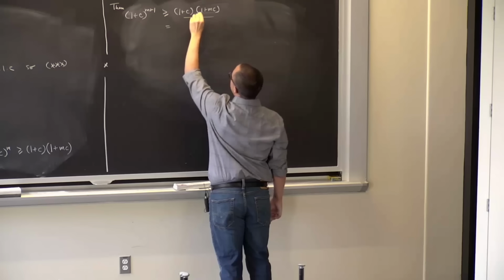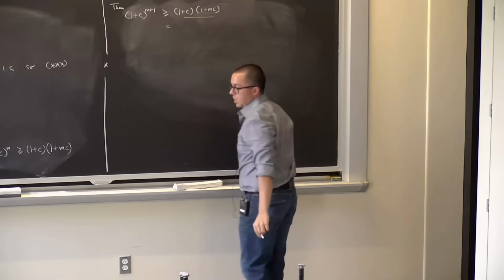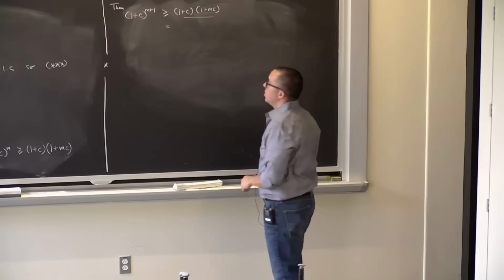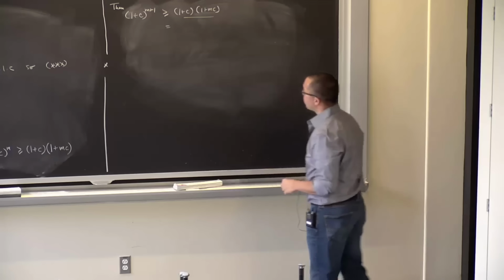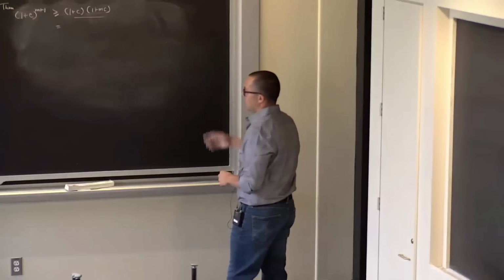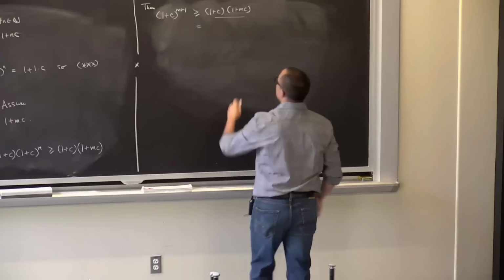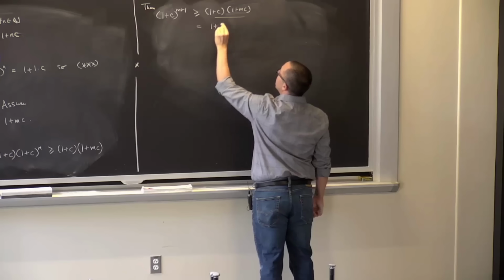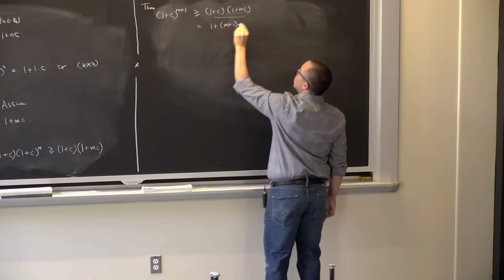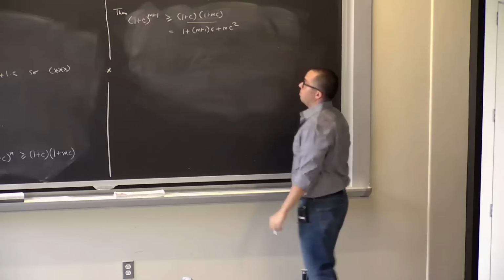It means the previous expression is equal to what I'm about to write. This is a typical practice in writing down inequalities. So this is equal to 1 plus (m + 1) times c plus m times c squared.